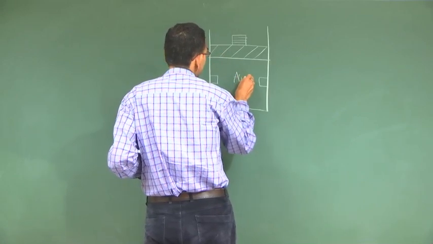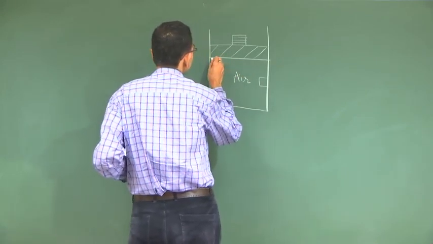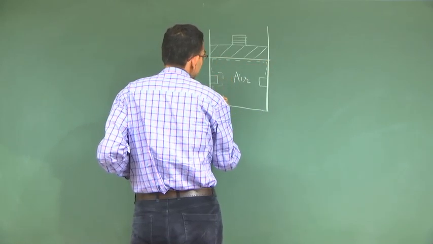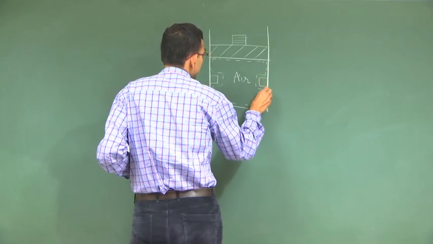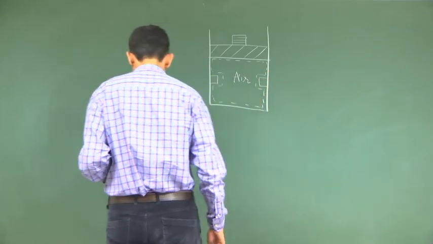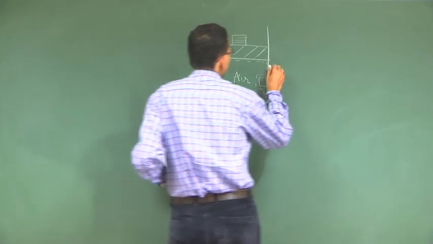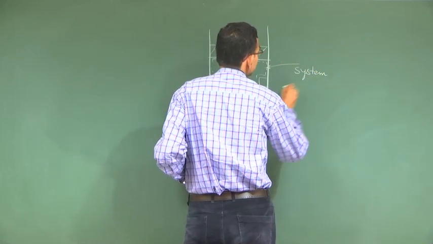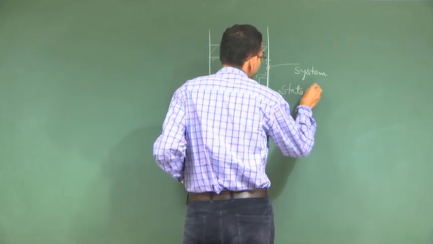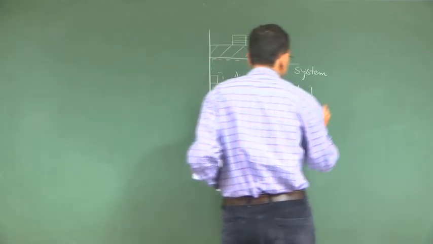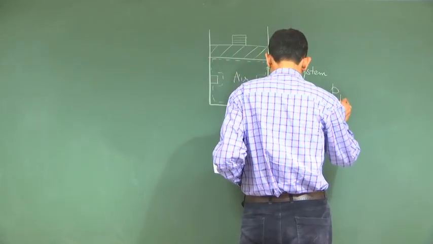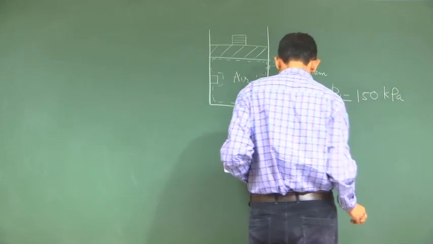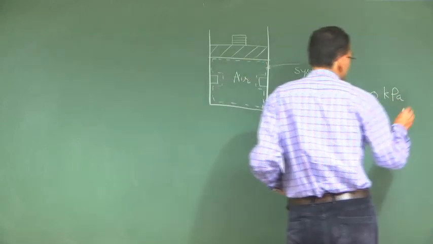So, this is the air which is our system. For this system, state 1 is given as P1 is equal to 150 kilopascal and T1 is 400 degree centigrade.